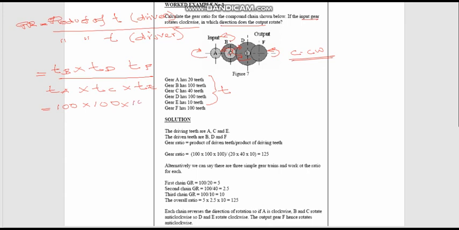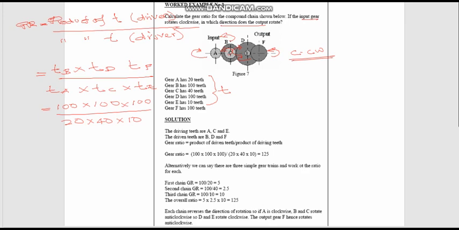TF is 100, divided by TA is 20. TC is 40. TC, and finally TE is 10.